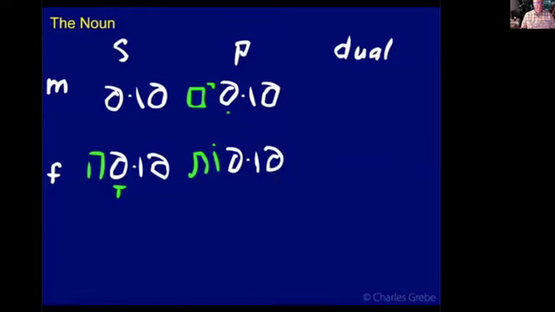Finally, we have the dual. Now the dual actually has the same ending for both masculine and feminine. However, in the feminine it looks a little different, at least with this word. And I'll explain why in a second. But let's look first at the masculine. So sus becomes susim in the plural, and susayim. Susayim.